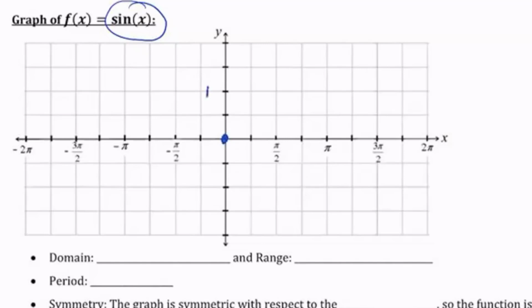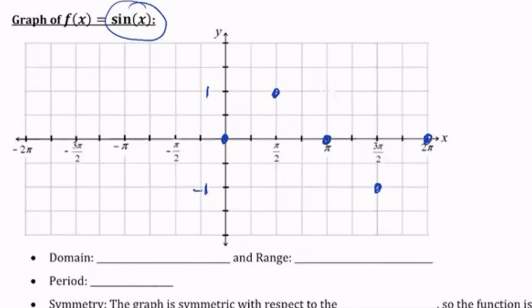I'm going to label this 1 and -1, so we'll be going by halves. For the sine function, in the second quadrant from pi over 2 to pi, it moves from 1 down to 0. Then at 3 pi over 2, it goes down to -1. And at 2 pi, it goes back up to 0.